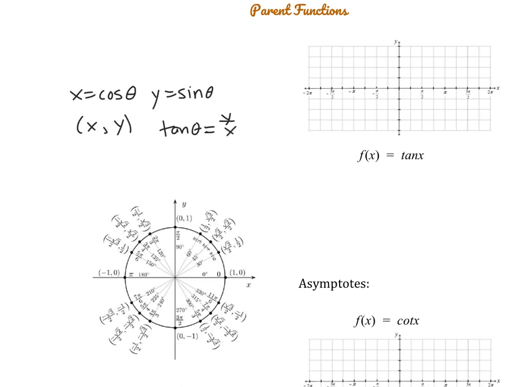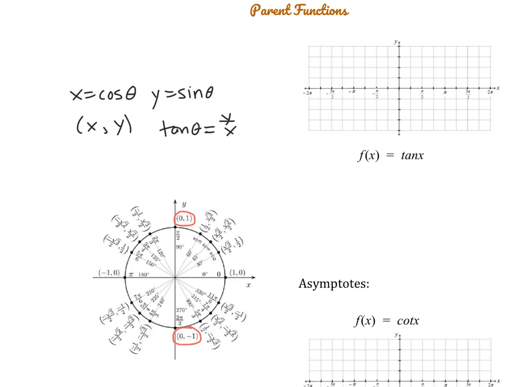So one really defining feature of both tangent and cotangent is that they both have asymptotes. If you look at this little ratio right here, we can see that whenever our x value is 0, this ratio is going to be undefined, so we're going to have an asymptote. So I can see that we're going to have an asymptote here and here, because those are the two times when the x value is equal to 0. And notice how far apart they are. They are pi units apart. It's a half circle.